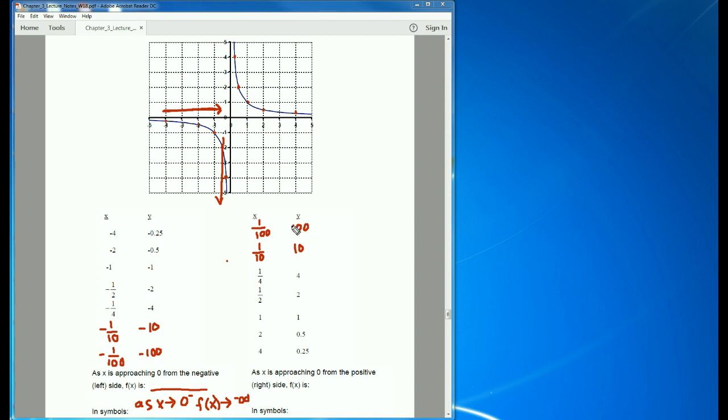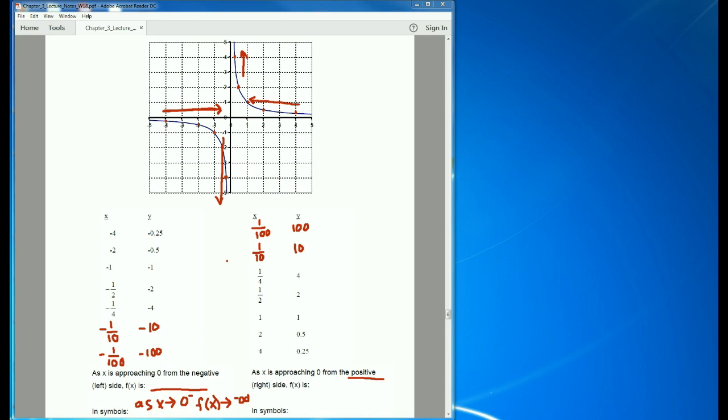Okay. So in this case, as x is approaching 0 from the positive, the right side, so this time we're coming closer to 0 in this direction, what we see is that f of x is getting very large, okay? It is increasing without bound, or it is approaching positive infinity.